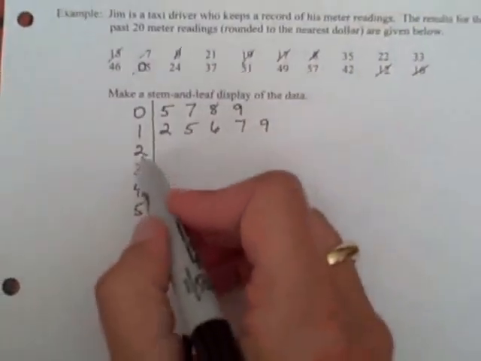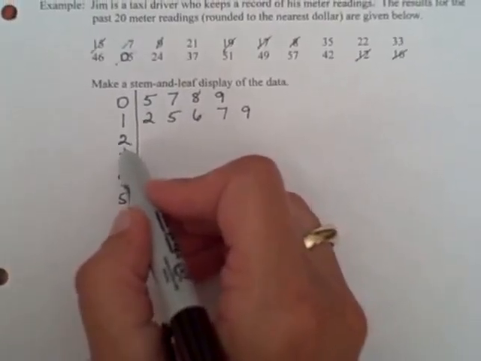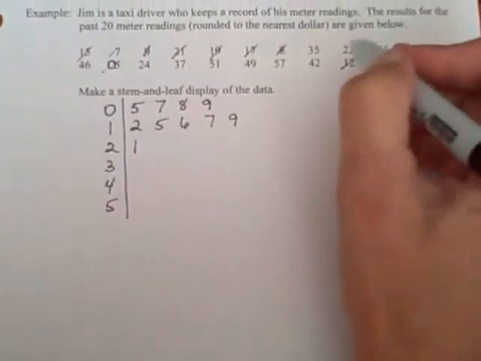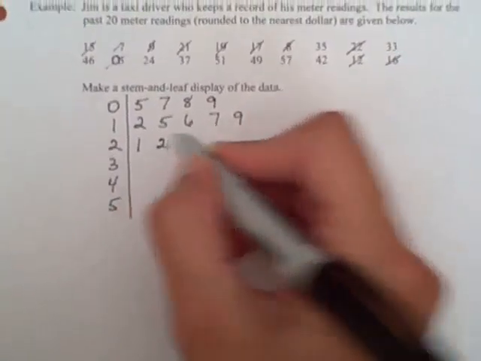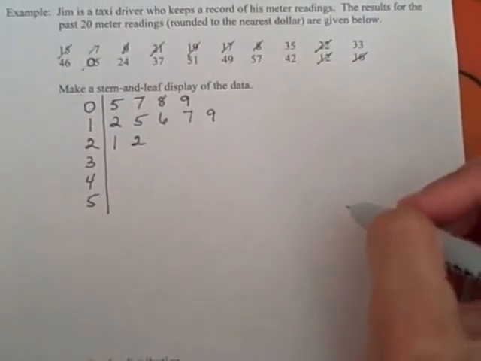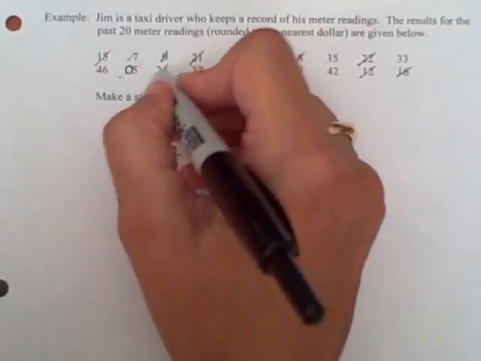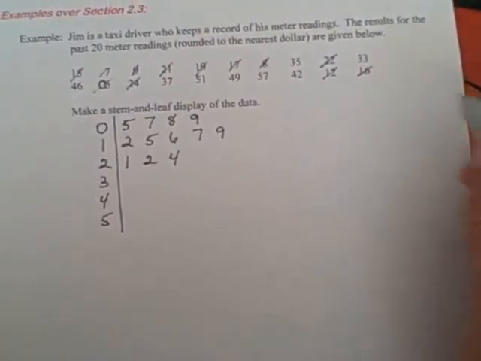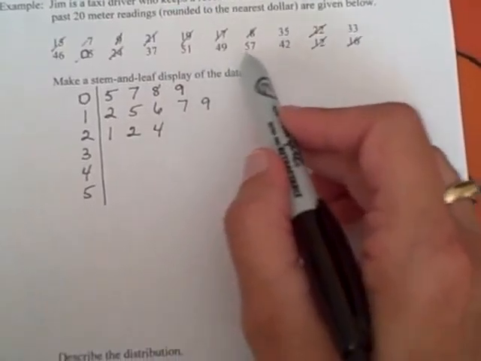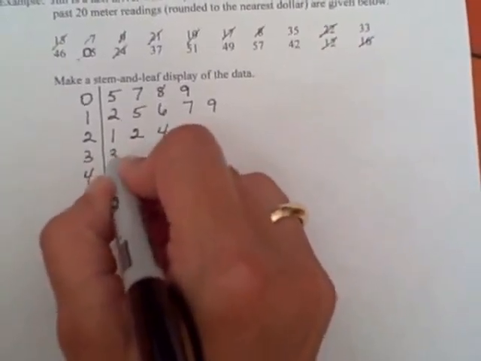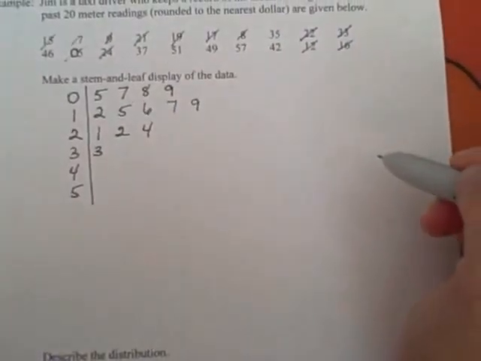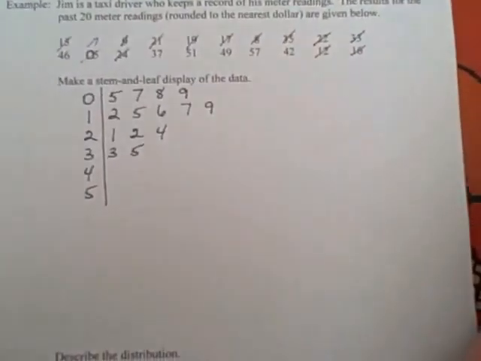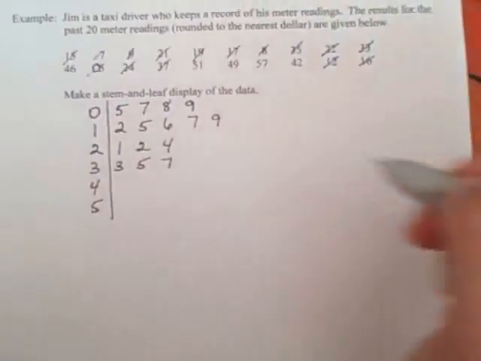All right? Now we look at the 20s. Let's see, 21, 22, 24. Okay. Let's go to the 30s. 33, 35, 37.